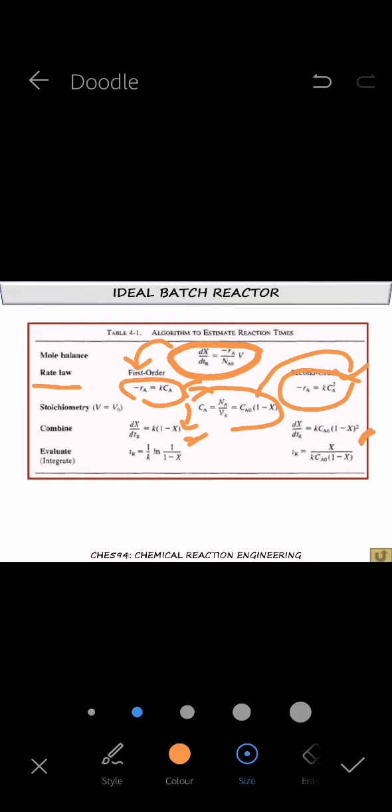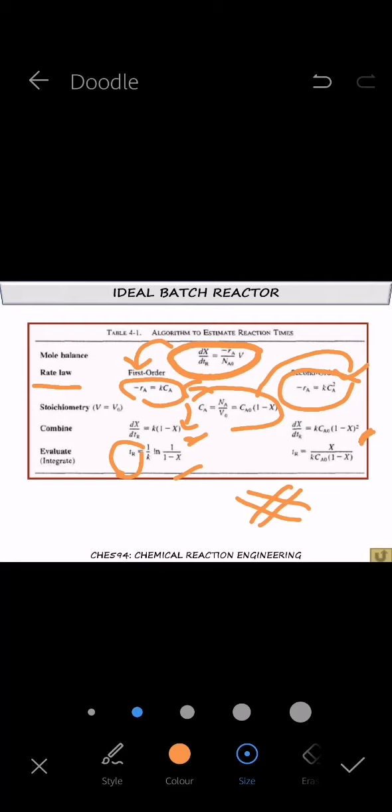When you combine, this is in the differential form. But when you want to calculate, for example to get the value of time or the value of X, you have to integrate it in order to get the specific parameter. This part I want you to do on your own, from the mole balance.